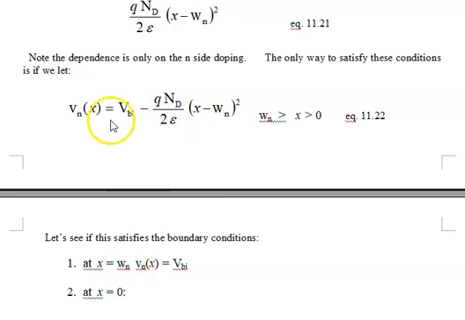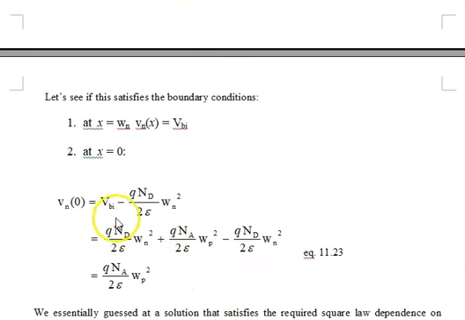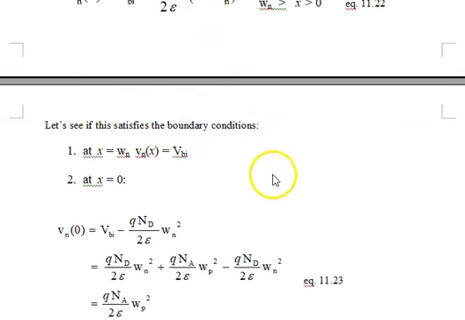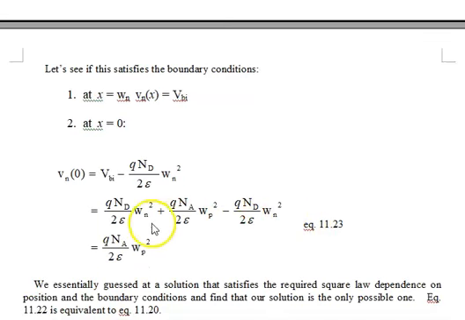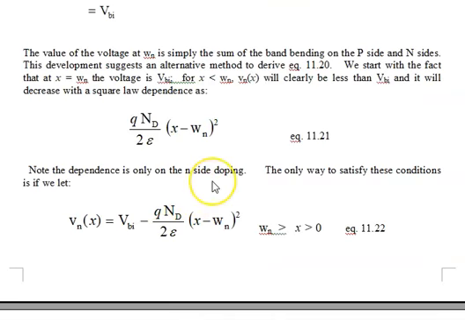We have V sub n equals VBI, because all this term goes away, and at X equals 0, we have, put in X equals 0 here, we have equation 11.23, and then we have the expression that we derived using a fair amount more of mathematics. So this is kind of an alternative derivation which uses combination of mathematics and logic.